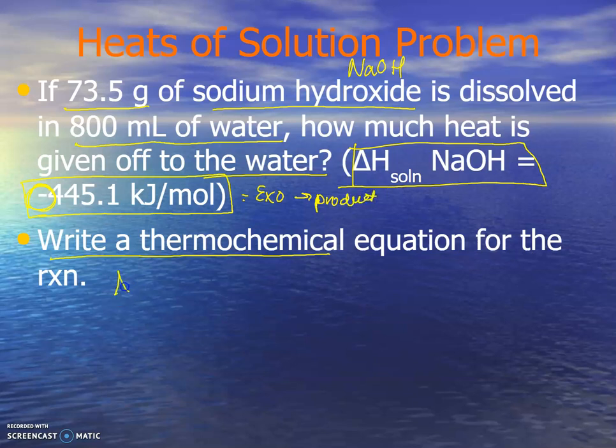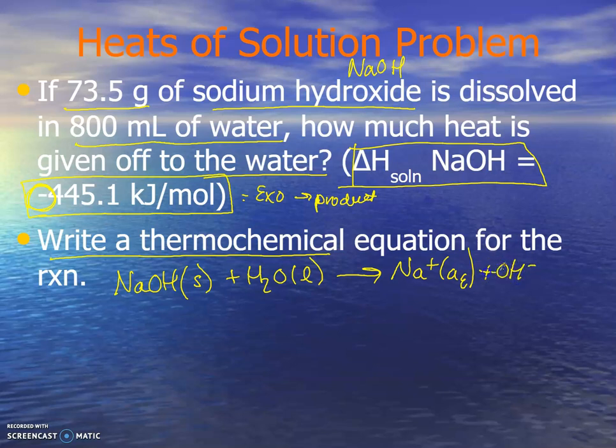Okay, so we have NaOH, which is the solid, in conjunction with water, is going to produce Na plus and OH minus, and it's going to make negative 445.1 kilojoules. Very important that you put a negative sign there.